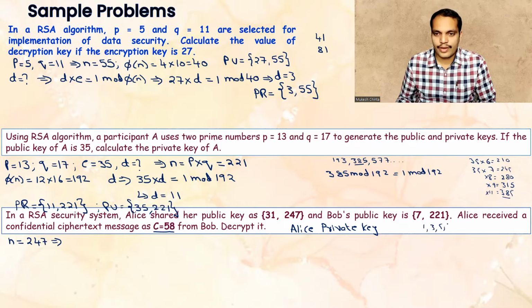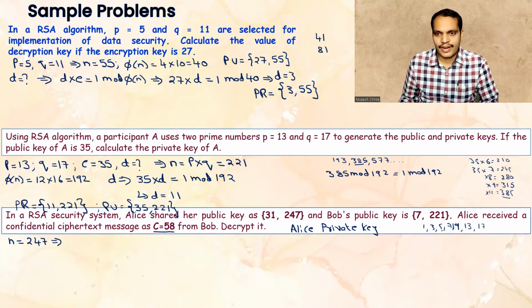3, 5, 7, 11, 13, 17, like that, isn't it? So in that case, what I usually do is I start dividing this. If I start dividing 247 into its prime factors, 3 doesn't go, 5 doesn't go, 7 doesn't go, 11 doesn't go.